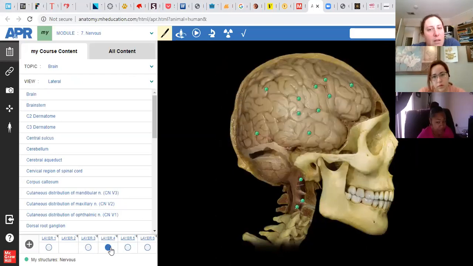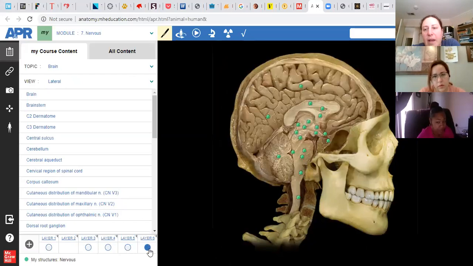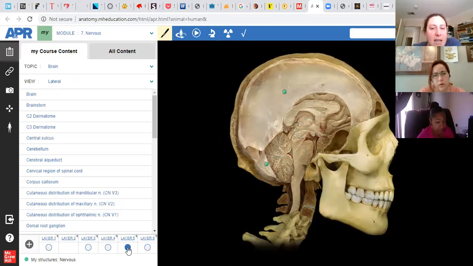This one showing you the whole brain, and this one showing you half the brain, are your actual useful brain layers, because on the rest you can't see all the brain structures since they're covered by other things. Unless I want to ask you about the falx cerebri, which I can't remember if it's on here or not.